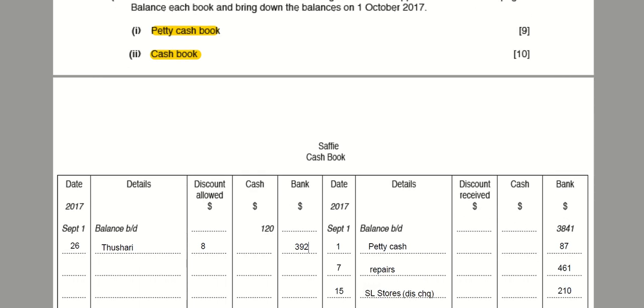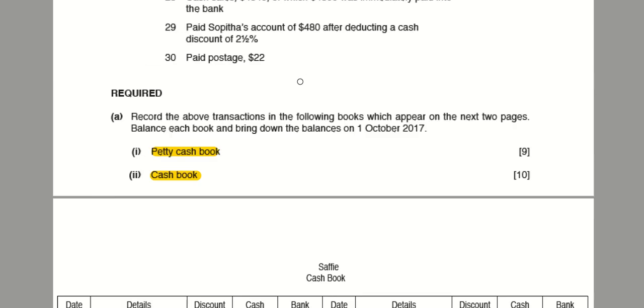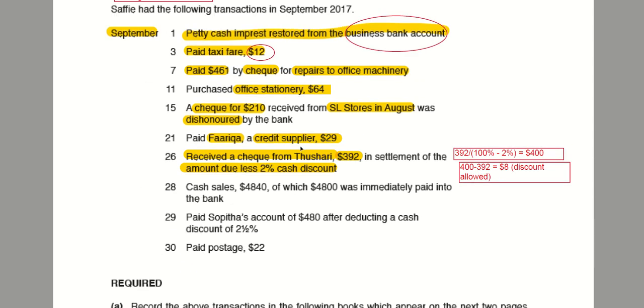Always be careful how to find the amount before discount and the amount after discount. Read the question carefully. If the amount of the check is given, like here, which is after the cash discount, we found the amount before the discount, and then we minus the two to find the discount.